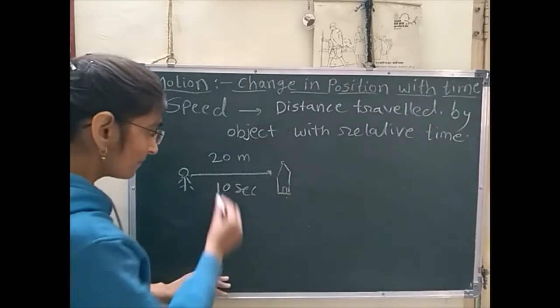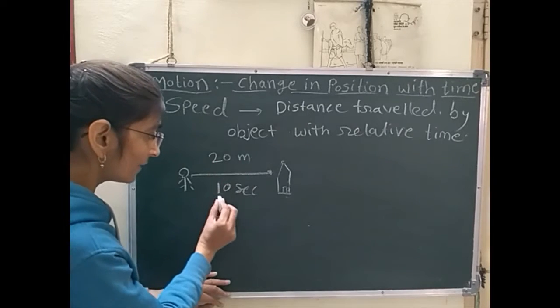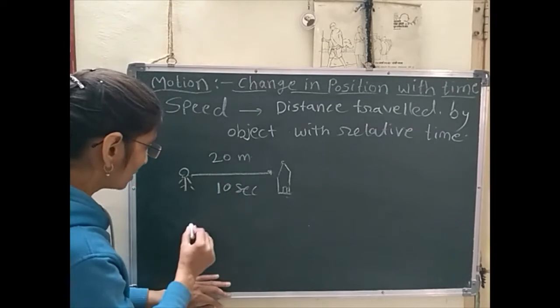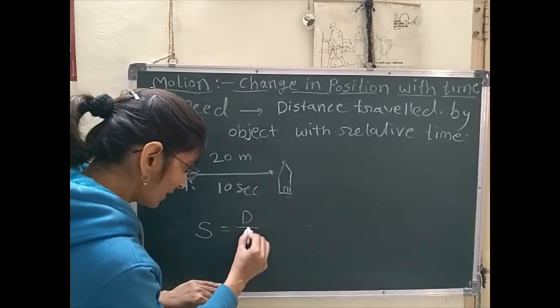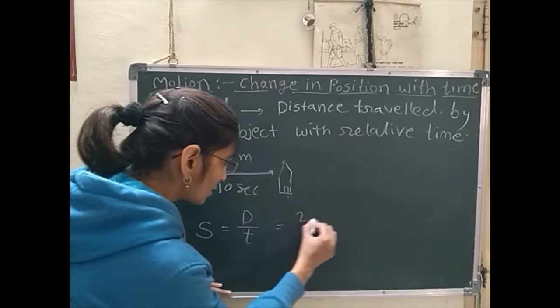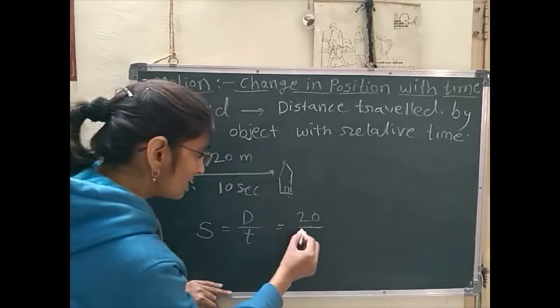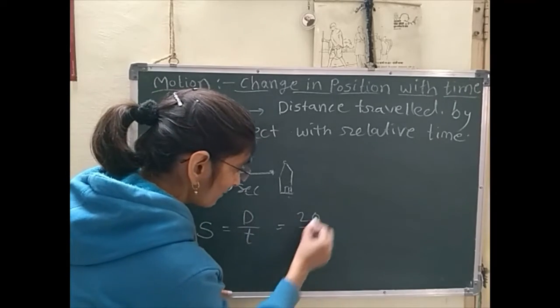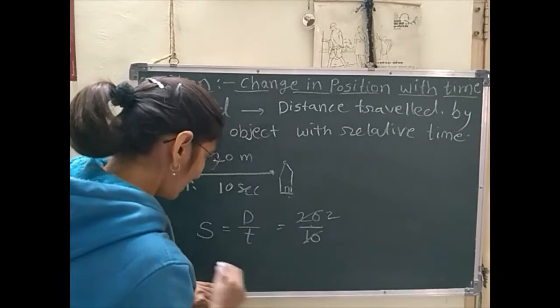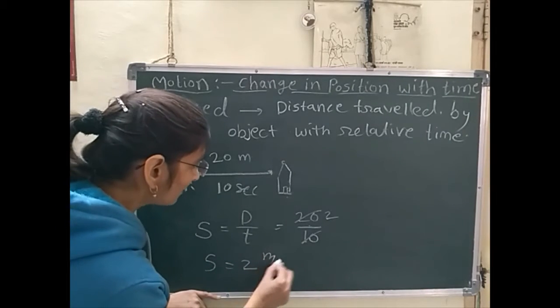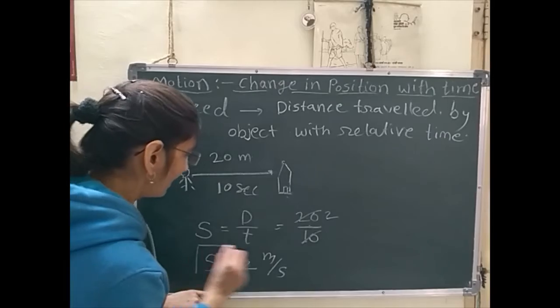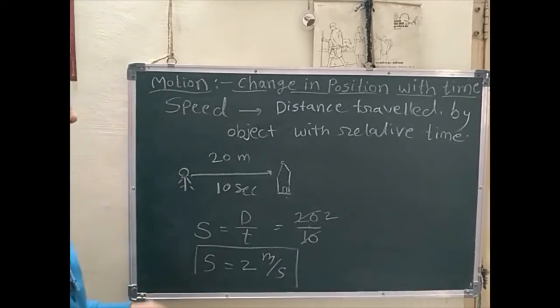So this is 20 meters within 10 seconds. What will be the speed? Speed will be distance upon time, that is 20 upon 10. 10 ones are 10, 10 twos are 20. So speed will be 2 meter per second.